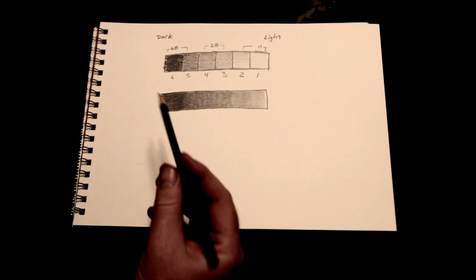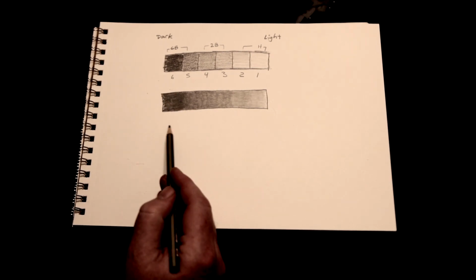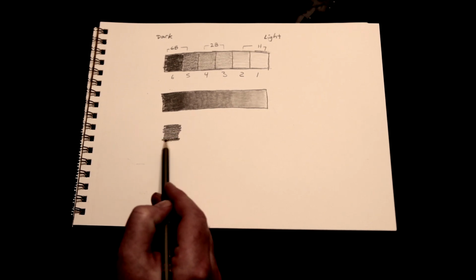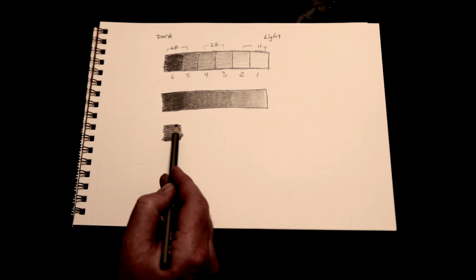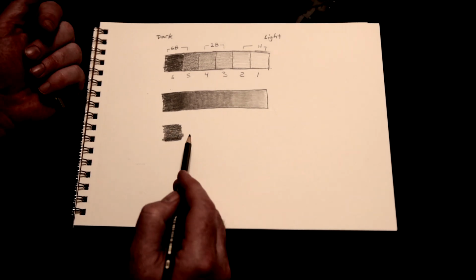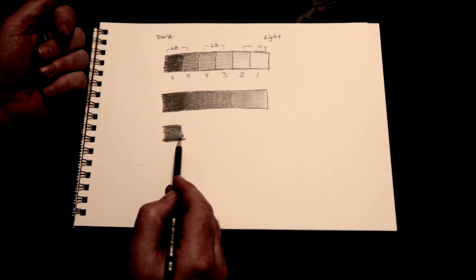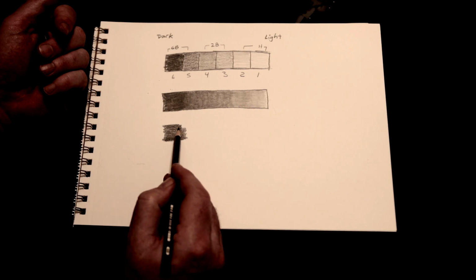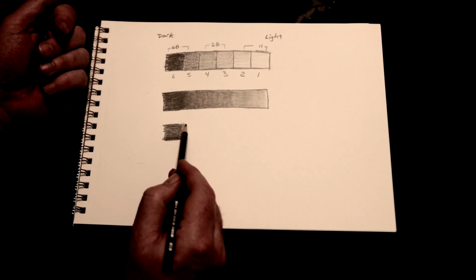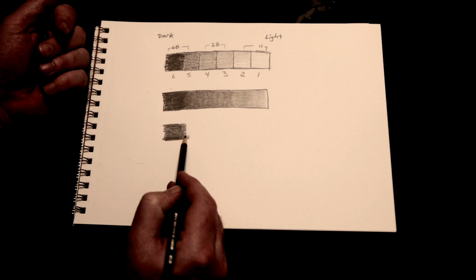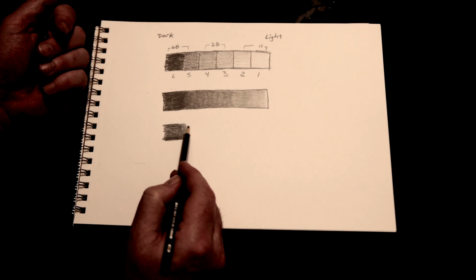Now, if you don't want to use a blending stick, let me put a value right here. This is my 6B. I'm going to put a nice dark value here. It's all nice and solid. Now let's say I want to go a little lighter. Then I'm just going to work this edge and gradually lighten my pressure on the pencil as I go.